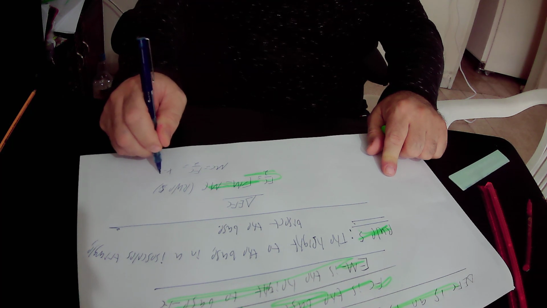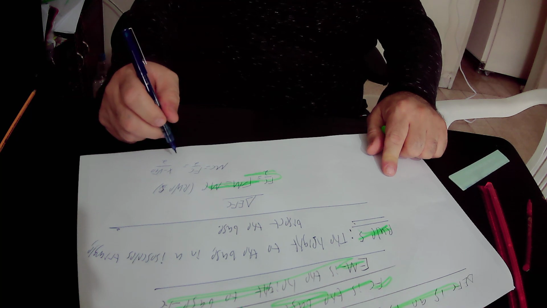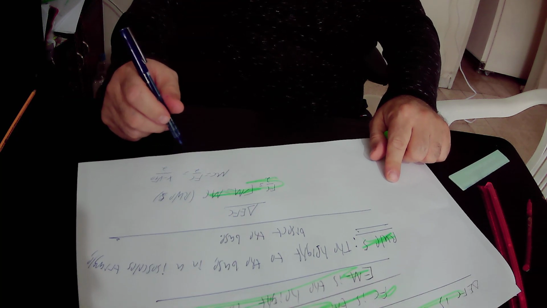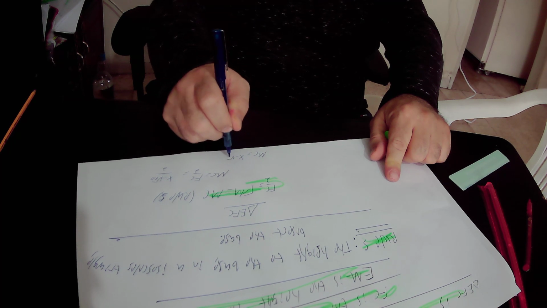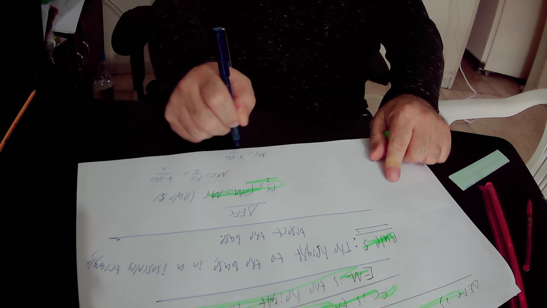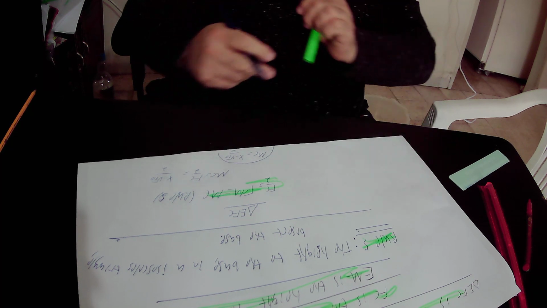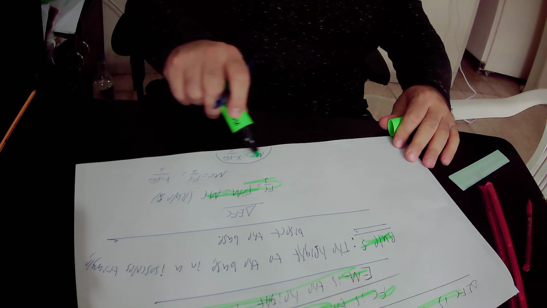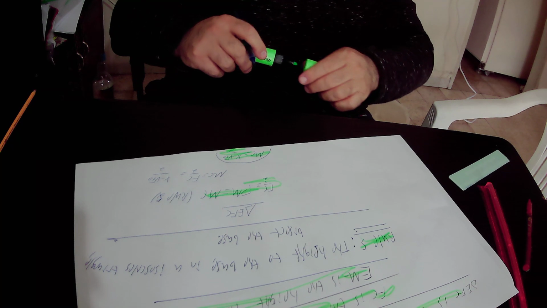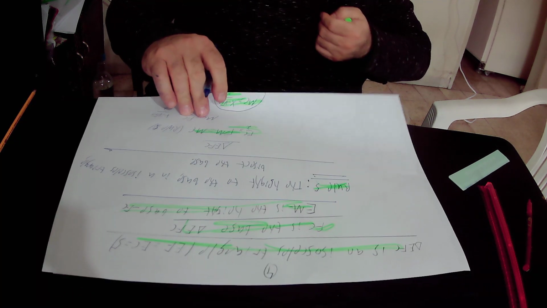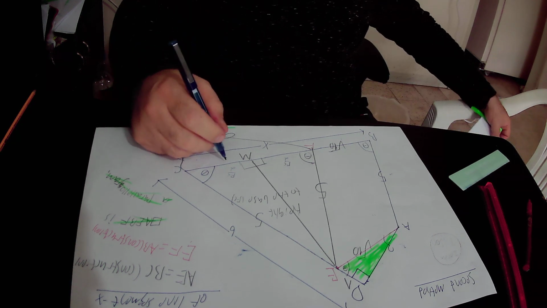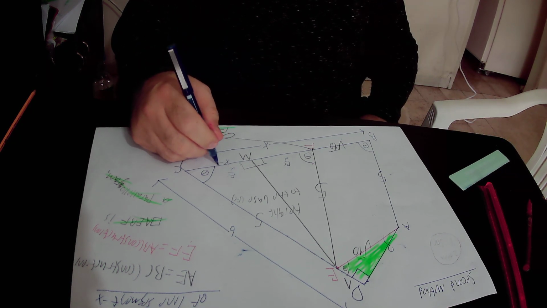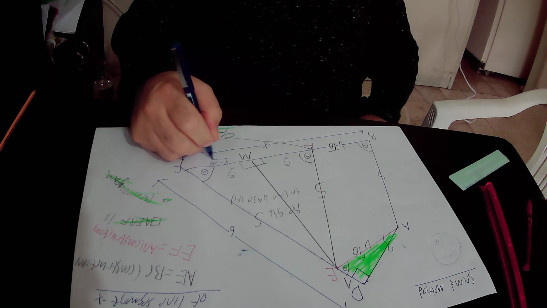FC equals x minus square root of 10, and if we divide it by 2, we will get the value of MC. That is to say MC equals x minus square root of 10 over 2. Okay, we found out that MC equals x minus square root of 10 over 2.